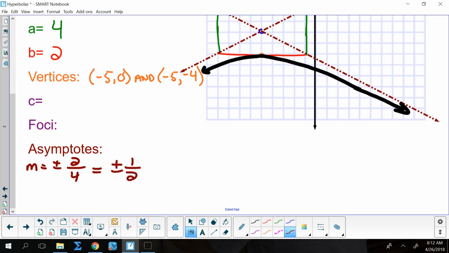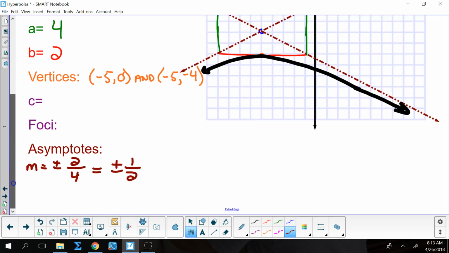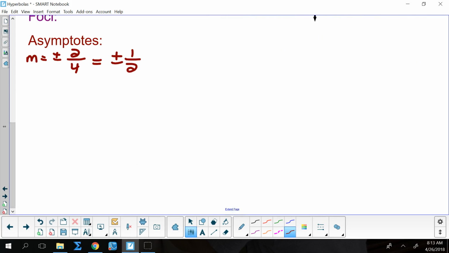Do I have the center or one of the sides of the box on the y-axis? No, so we didn't luck out. So then we're going to have to follow this formula, y minus k equals plus or minus b over a times x minus h.